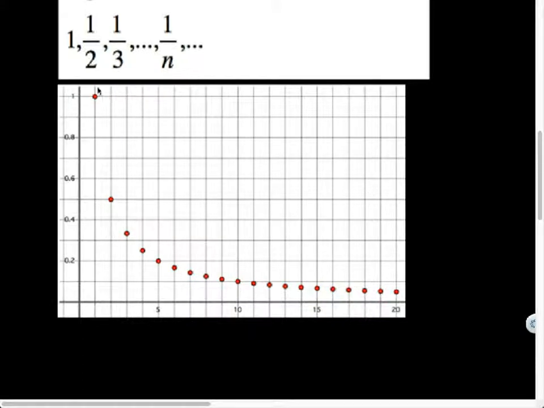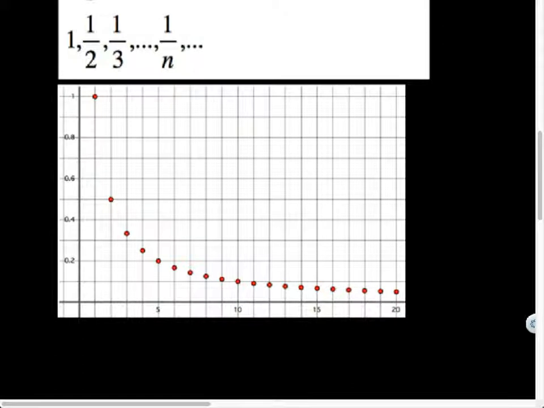Now notice the graph of these values technically would not be connected as I just did. They are discrete points because technically I can't have a half term or a 1.5 way between two terms. So that's why they only show up on the grid. So this will never be negative, it will never be 0.